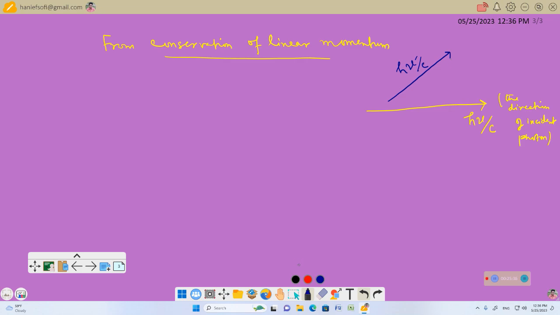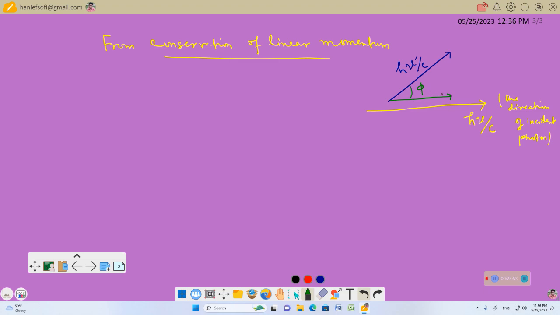If you resolve it, part of it is in this direction, with which it is making angle phi.